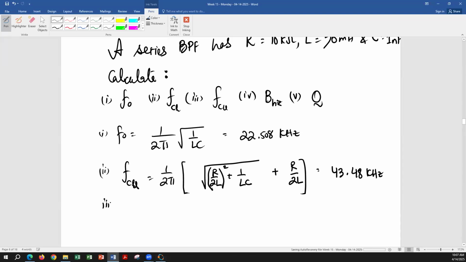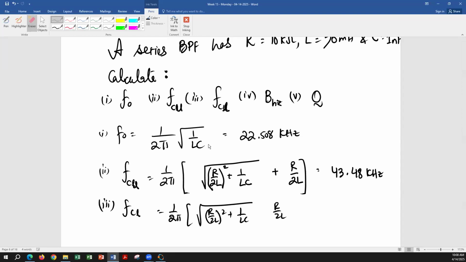And the lower is going to be, of course, lower than the center frequency, so this is FC upper, and this I can make FC lower, and that is 11.65 kilohertz.